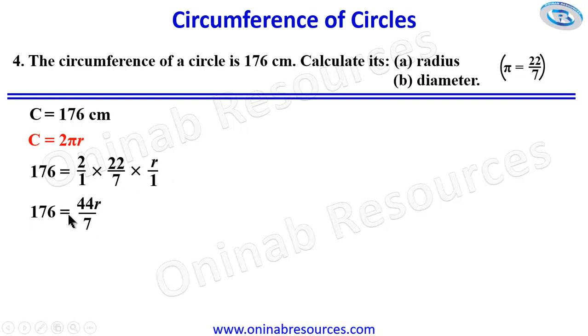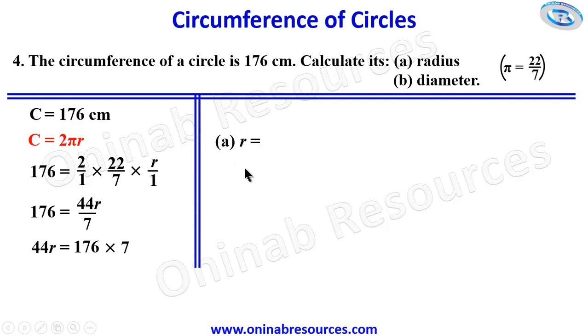So we're going to apply the cross product rule, cross multiplying. So 44r is going to be 176 times 7. We can then calculate r from here, so that the radius is 176 times 7 divided by 44. We have divided both sides by 44, being the coefficient of r.